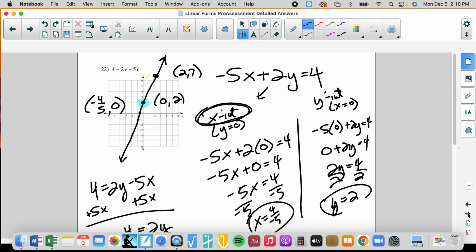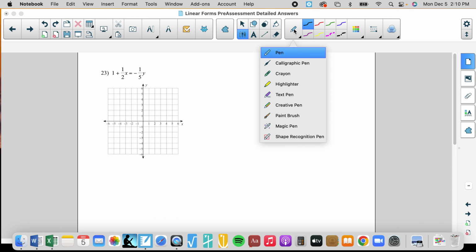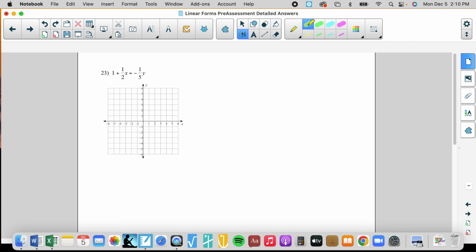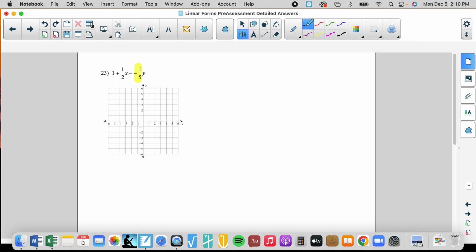Whoa, look at that thing. Holy moly. All right. Well, it's kind of close to slope-intercept form where we isolate for y, because all we have to do is get rid of that negative 1/5 that is multiplying by the y. So how do I get rid of that? I don't want to divide by negative 1/5.